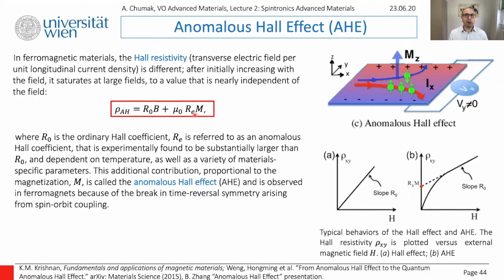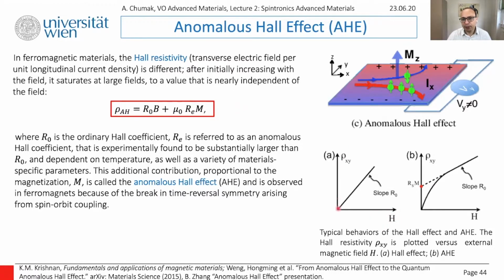So in the simplest words, you need to take into account the field from both the externally applied field, but also the field created by your sample itself. And then it means that you can enhance the voltage which you detect in the anomalous Hall effect with respect to ordinary Hall effect. So it's interesting how it behaves with respect to the applied magnetic field.